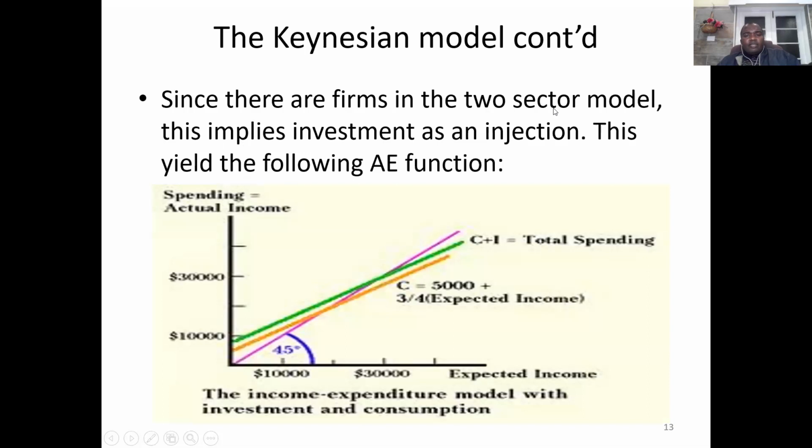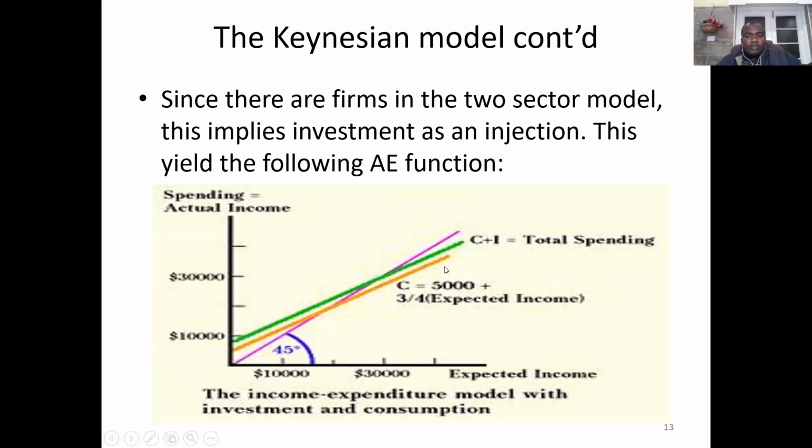Since there are firms in the two-sector model, this implies investment as an injection. This yields the following aggregate expenditure function.